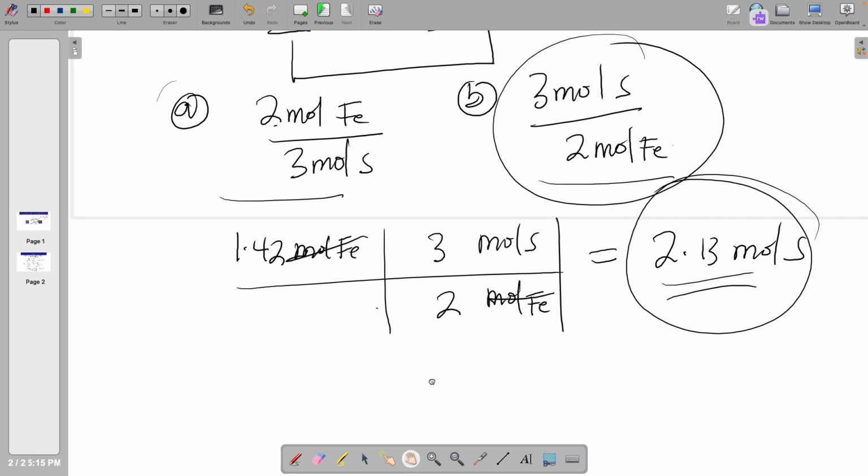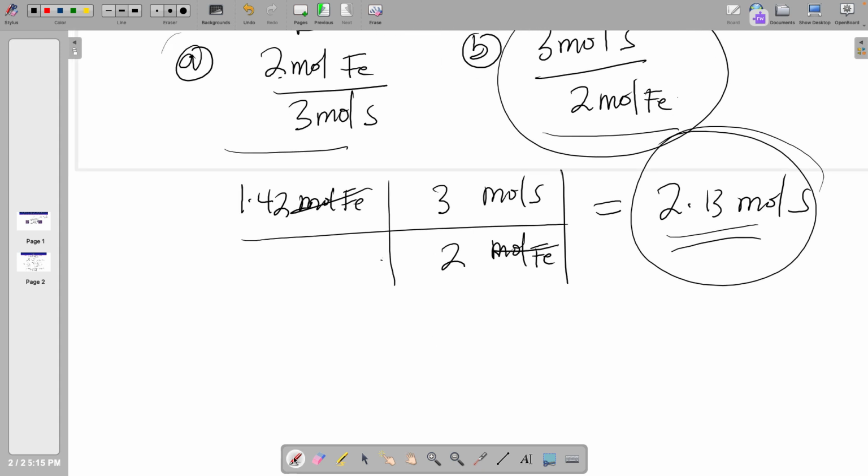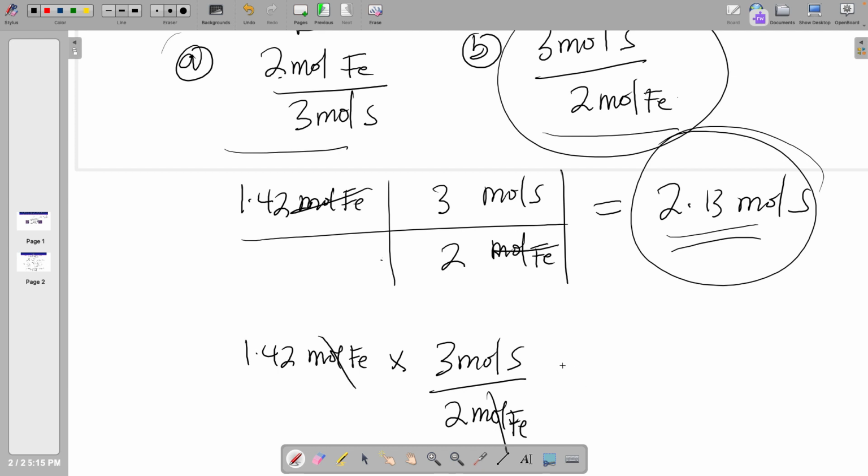Now we can also set up our table like so. We can say 1.42 moles of iron times 3 moles of sulfur divided by 2 moles of iron. And moles of iron cancel out moles of iron. And again, we'll arrive at the same answer, 2.13 moles of sulfur.